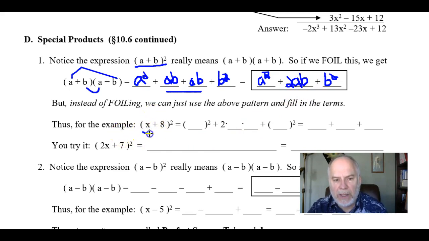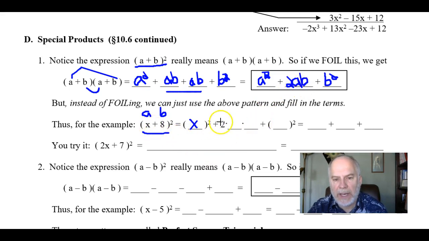All right? So here's an example. Suppose we have x plus 8 squared. So x is acting like the a. 8 is acting like the b. So you basically have a plus b squared. And so according to the pattern, it would be a squared, but in this case, x squared. And then the middle term would be 2ab.